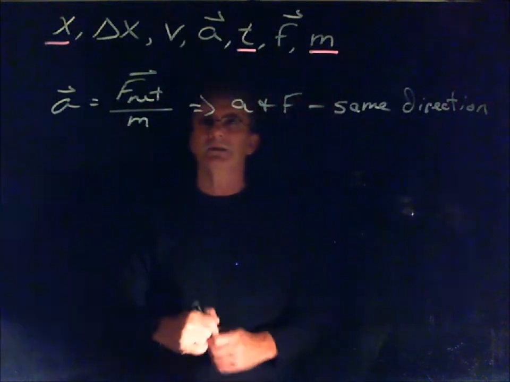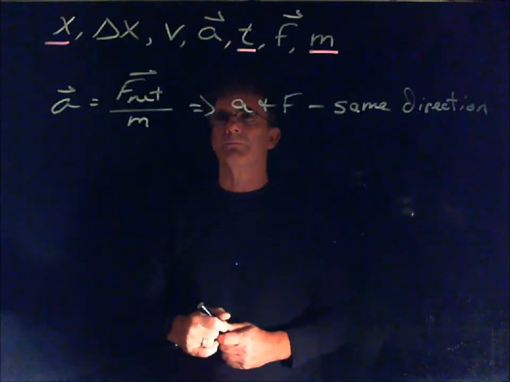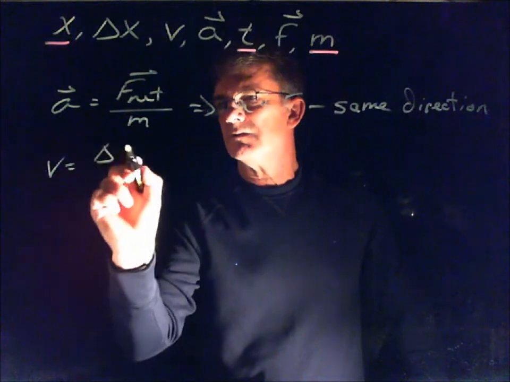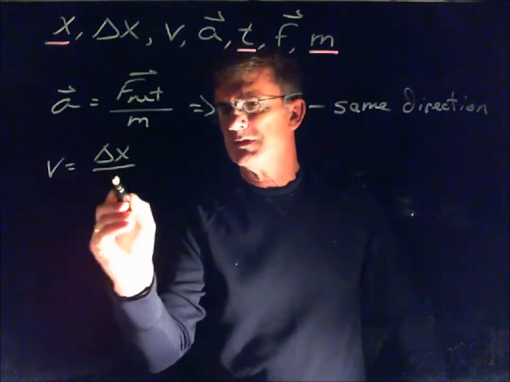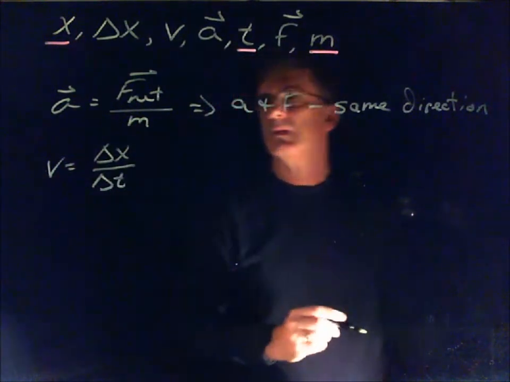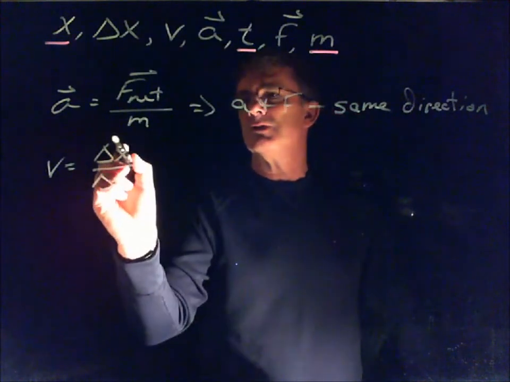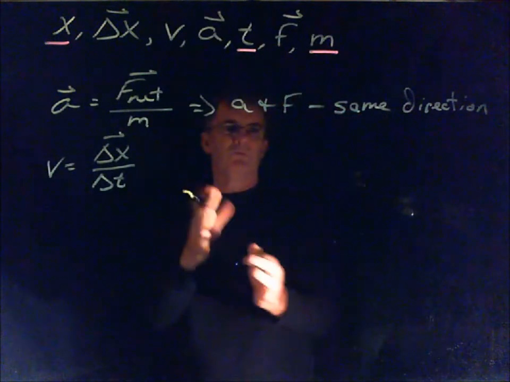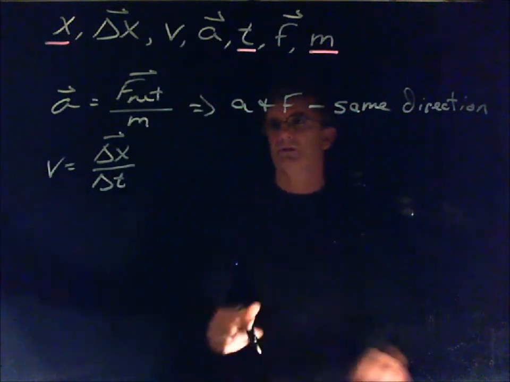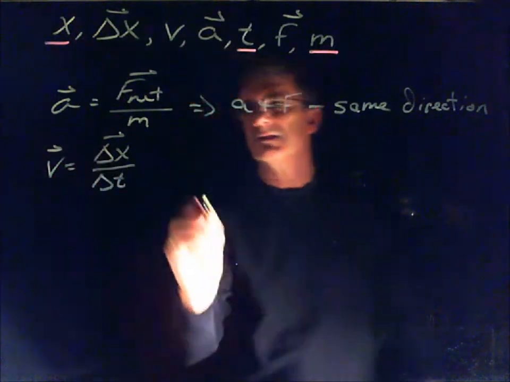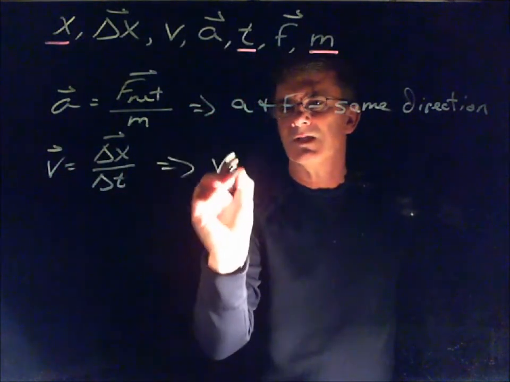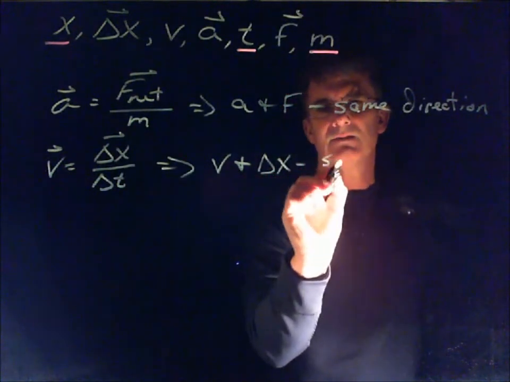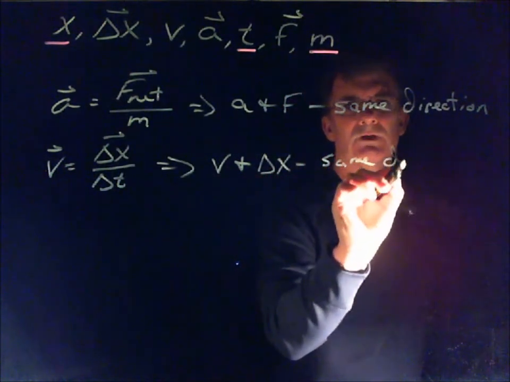I'm going to talk about that a little bit more in just a second. Velocity is change in position or displacement divided by time. Change in position, displacement, is a vector. We move so many meters in a certain direction. That's a vector, which means velocity is a vector, which means velocity and displacement have the same direction.